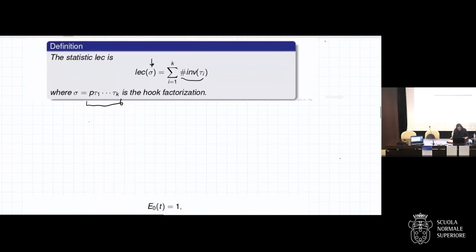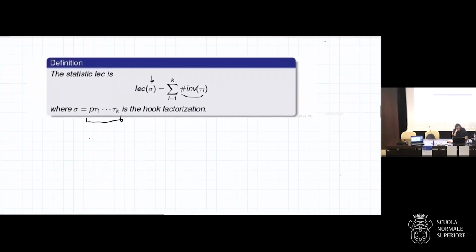Let me say a few words about this statistic. In the study of Coxeter groups, in particular in the study of the group Sn, there is a certain interest towards statistics. This statistic is what is called an Eulerian statistic.